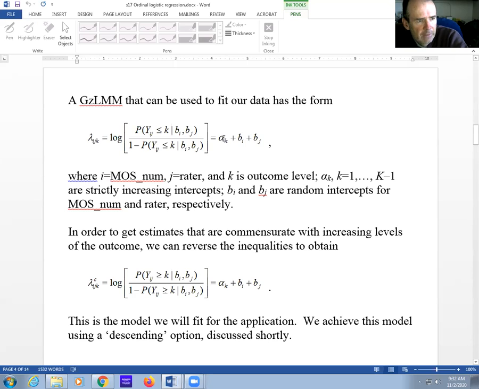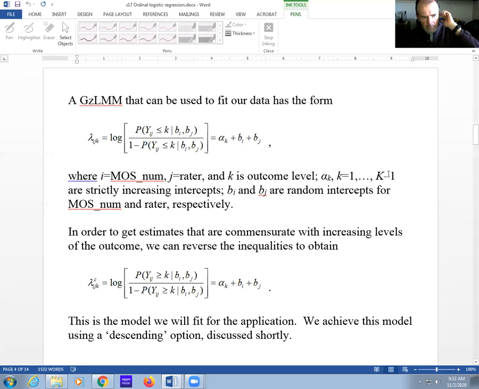And then we're going to have a fixed intercept, but we have actually 2 of them, right? Because if we had 2 levels, we could get by with 1 intercept. If we have 3 levels, now we need 2 intercepts. In general, we need k minus 1 intercepts for an outcome that has k levels to it.